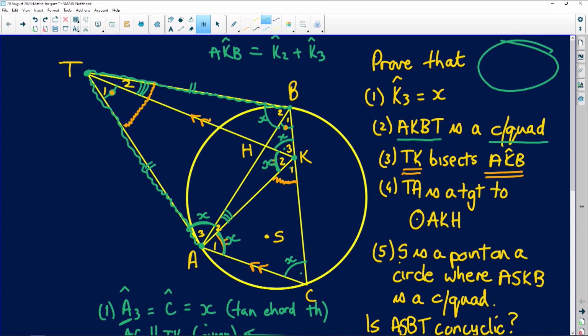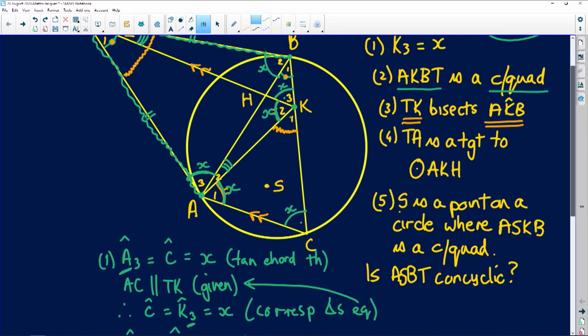Now, to show that that angle is bisected, we need to show that K2 is equal to K3. And look at your diagram, folks. They are both equal to x. In fact, they just became equal to x once we had the cyclic quad.